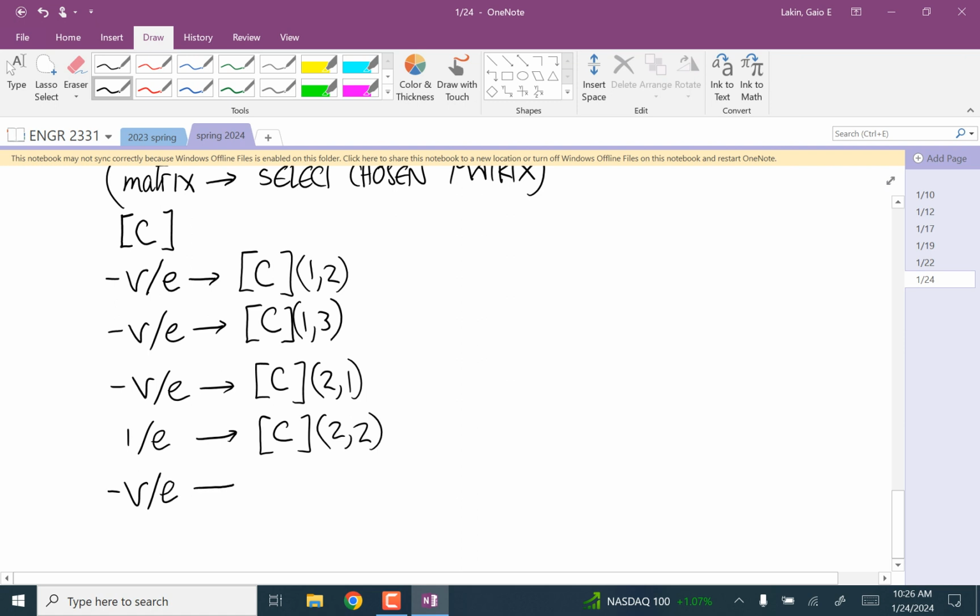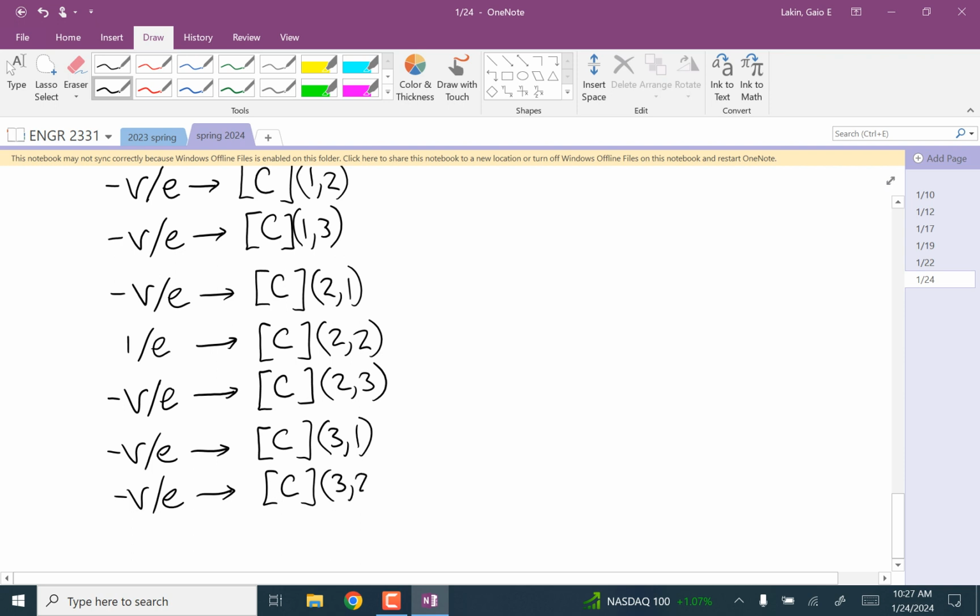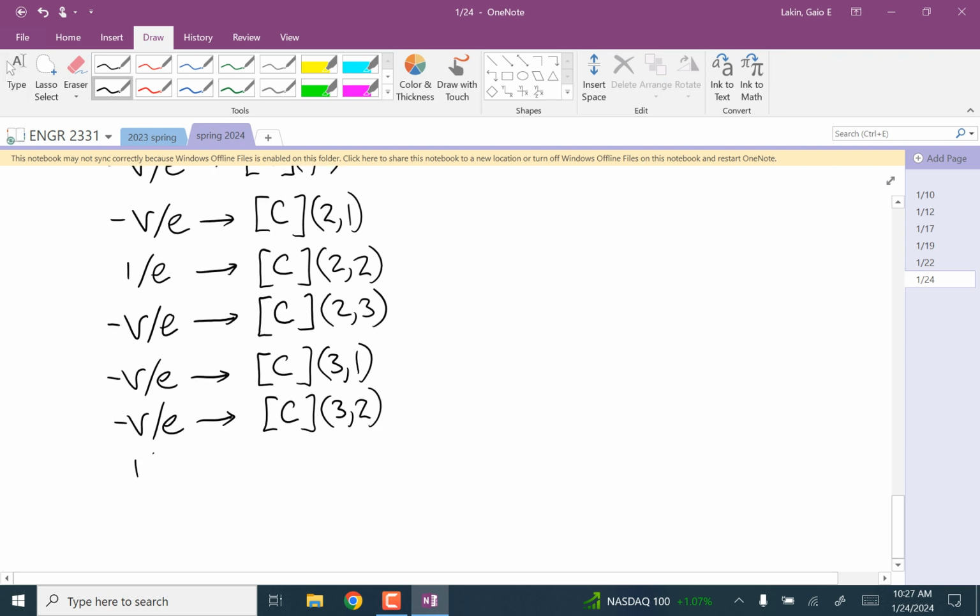Negative V over E, put it in C2,3. And now the third row, negative V over E into C3,1. Negative V over E into C3,2. 1 over E into C3,3.